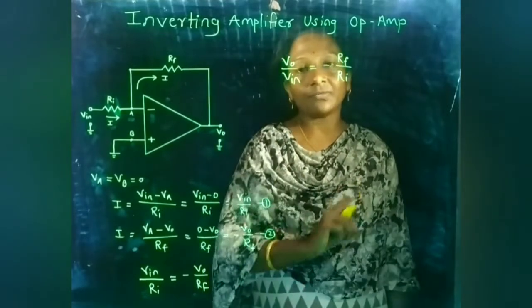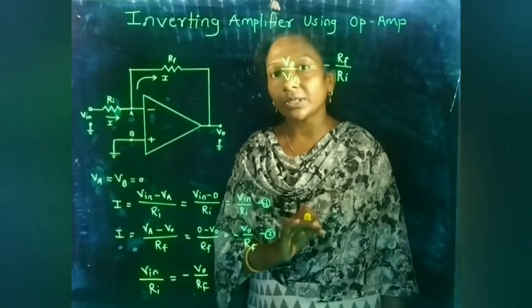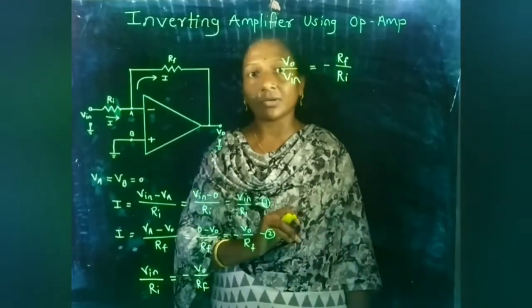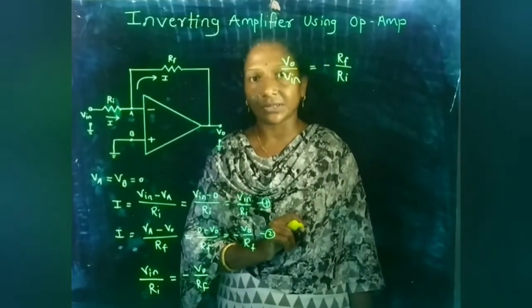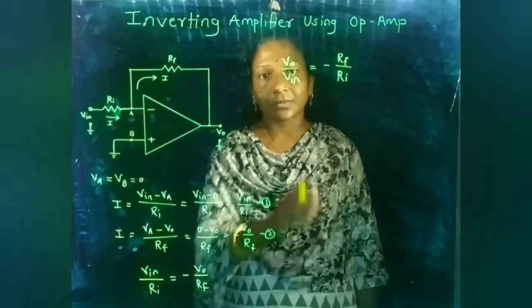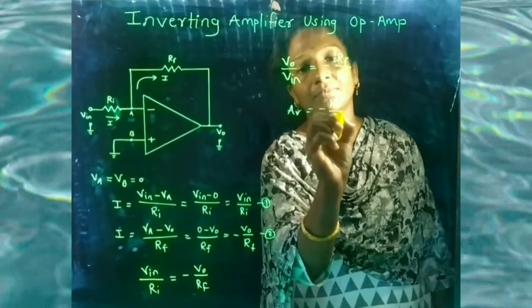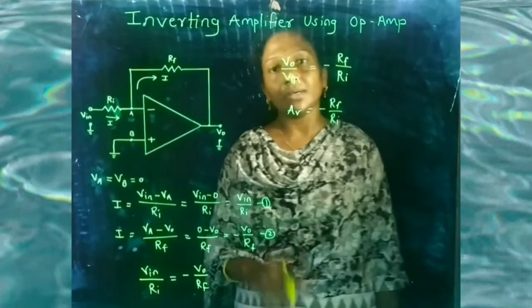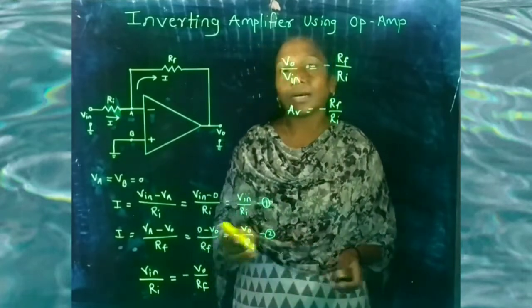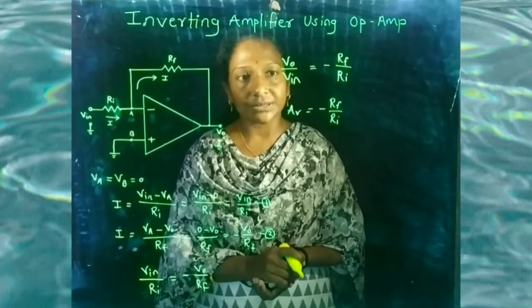As V0 upon Vi is the voltage gain of the operational amplifier, or the closed loop voltage gain of the operational amplifier, closed loop voltage gain AV is equal to minus Rf upon Ri, where Rf is the feedback resistor and Ri is the input resistor.